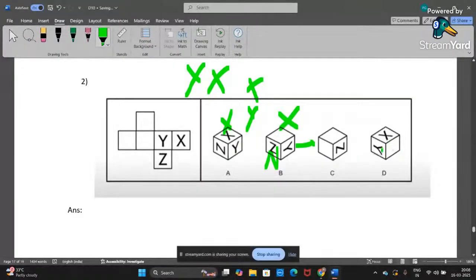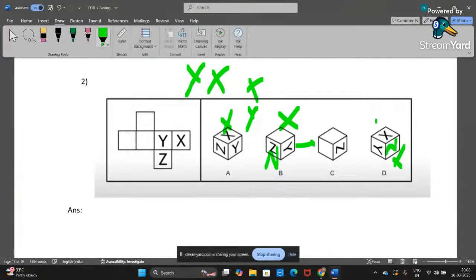See here, they have made the mistake. See, X is here and Y is here, right? This Z should be here or here, right? When this is folded like this, the Z should be here.